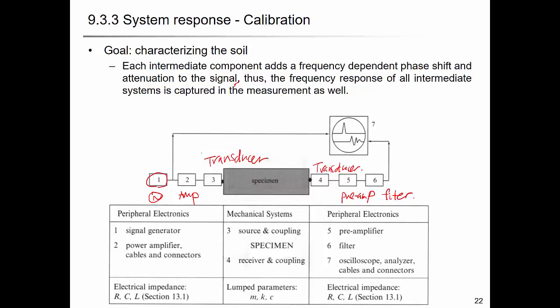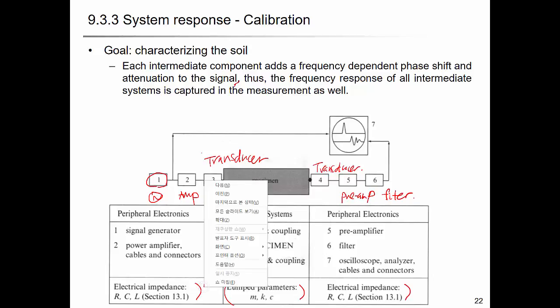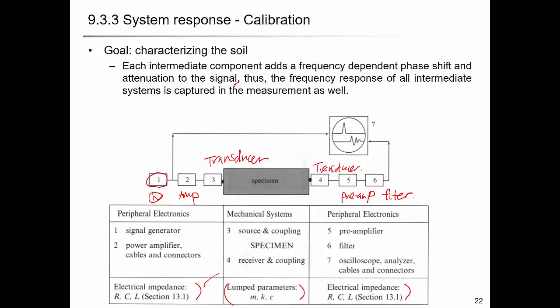So each one has the electrical impedance, and it has the mechanical parameters, and the other one has the electrical impedance too. So then we can convert this electrical impedance to the stiffness parameter, so that we can analyze it as a series of systems.